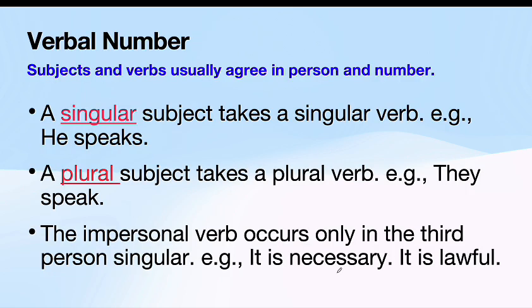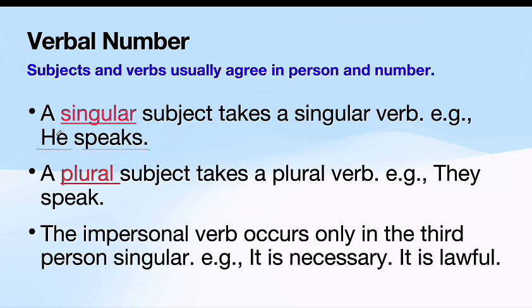And the Greek verb will have verbal number. Verbal number is all about subjects and verbs, where they usually agree in person and number. So if there is a singular subject, it will take a singular verb. An example is, he, singular, speaks.